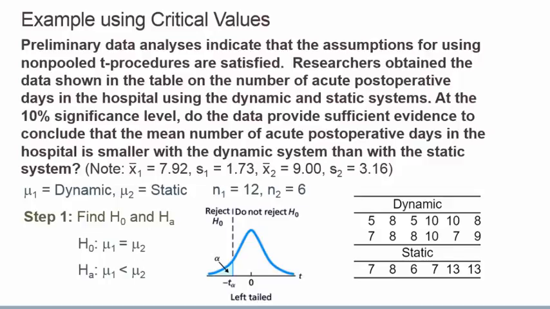Alpha is to the left of negative t sub alpha. Step 2, we want alpha. Since it is 10%, alpha equals 0.1.